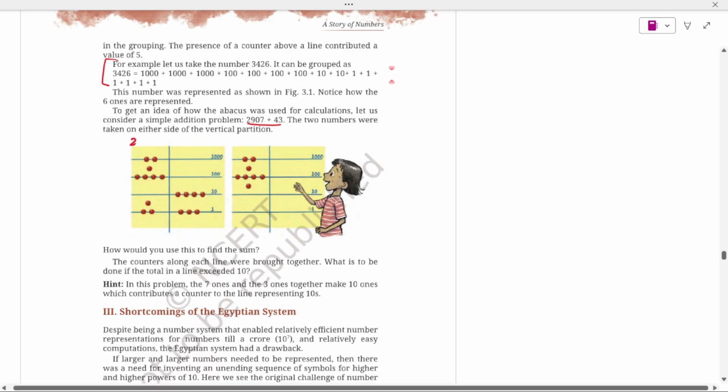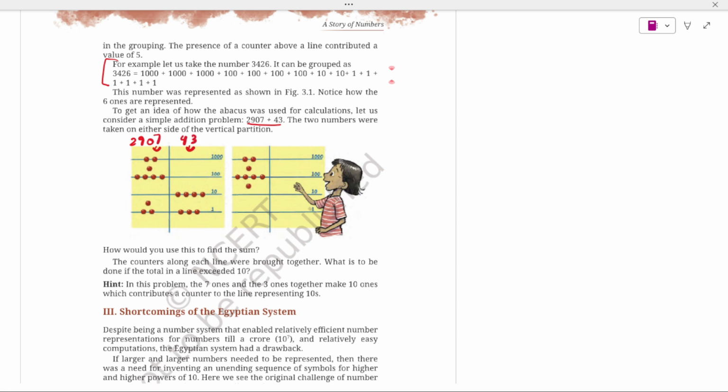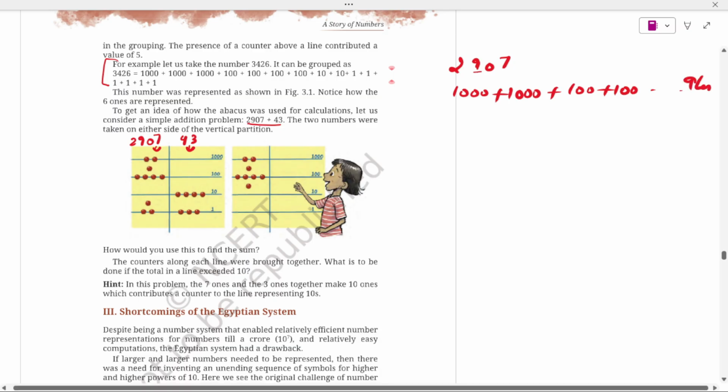One number, 2907, is presented here and 43 is presented here. 2907: 1000 plus 1000 is the expansion, right? 900s: 100 nine times. Plus 7: 1 plus 1 plus 1 plus 1 plus 1 plus 1 plus 1. So this is the expansion of 2907.